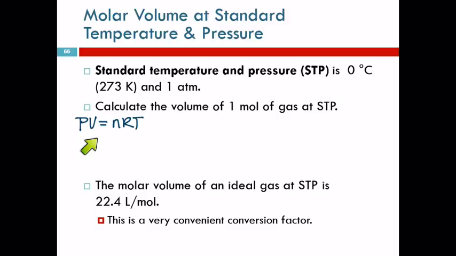If I want V by itself, I need to divide by P. And the P's cancel out, so I'm just going to erase them. So volume is number of moles times R times T divided by P. So we're calculating the volume of 1 mole, so N is 1 mole, and R is 0.0821 liter atmospheres per mole Kelvin.